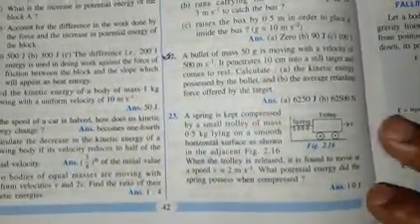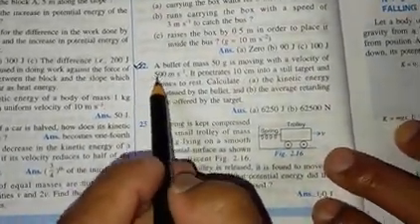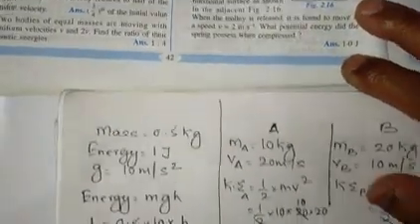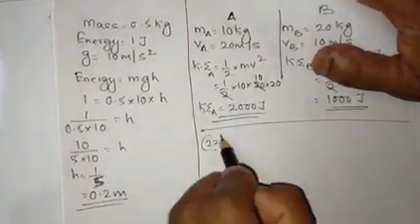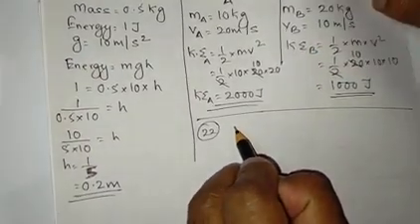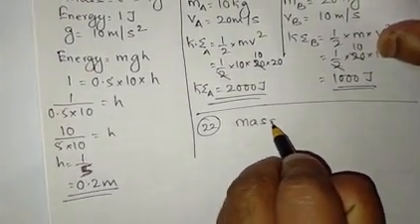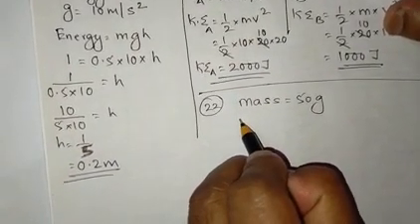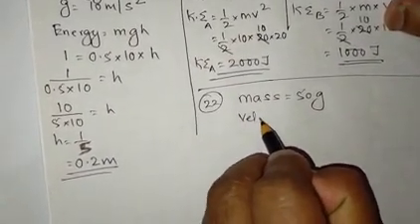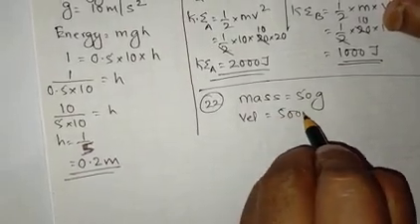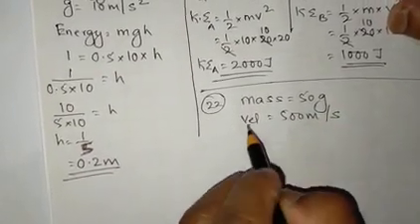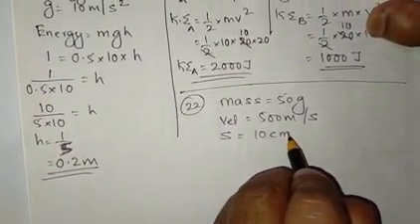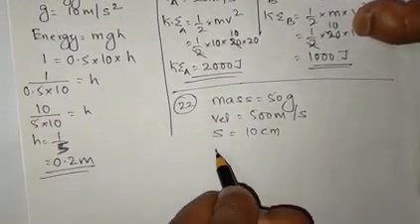Now go on to another numerical, numerical 22. A bullet of mass 50 gram, moving with a velocity of 500 meter per second. It penetrates 10 centimeter into a target and comes to rest.